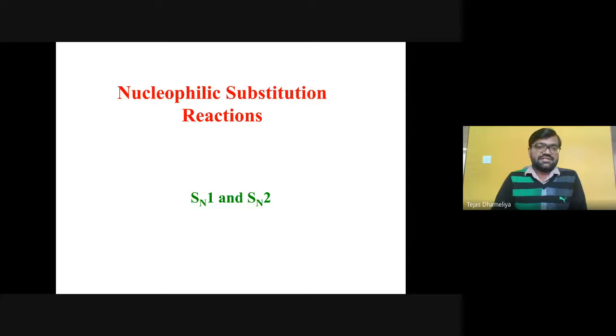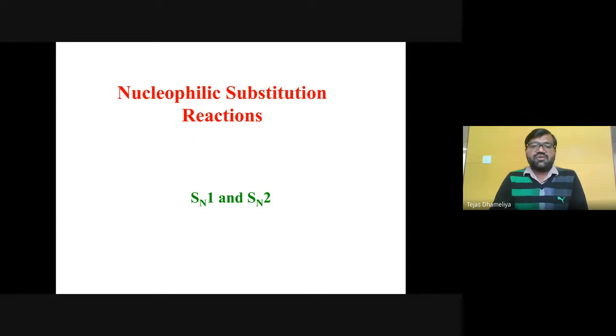In organic chemistry, we cannot have a reaction which is different from these 4 types of reactions. Somehow there may be other kinds of reactions such as oxidation, reduction, etc. So these are the reactions which are generally observed in organic chemistry.